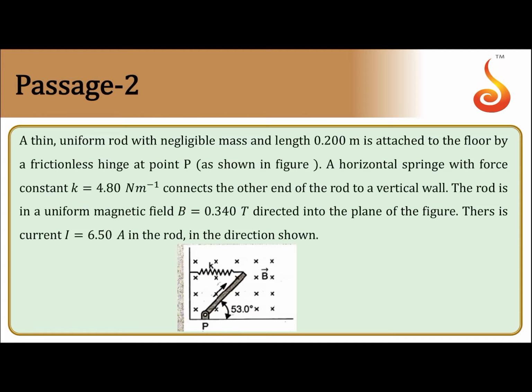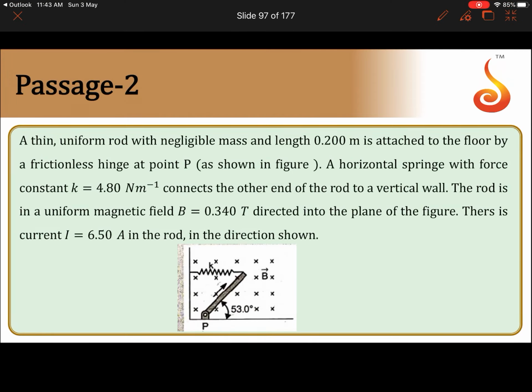Now come to passage number 2. Question is, a thin uniform rod with negligible mass and length 0.2 meter is attached to the floor by a frictionless hinge at point P. A horizontal spring with force constant 4.8 Newton per meter connects the other end of the rod to a vertical wall.